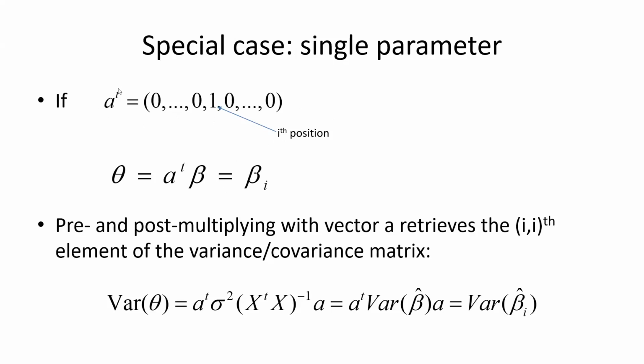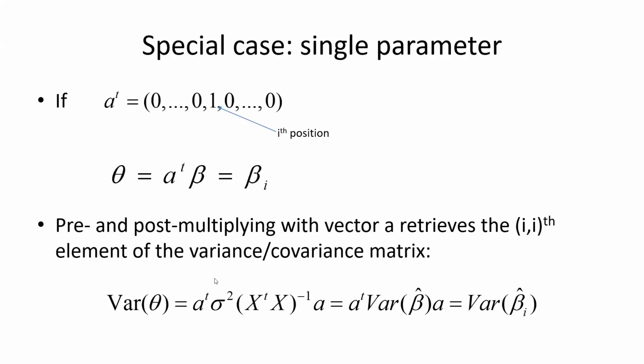And using this vector definition, then A transpose times beta is just beta i. So we know what the variance of beta i is. It's that square root element of the variance covariance matrix at the ith position.